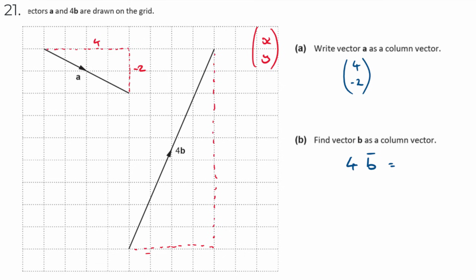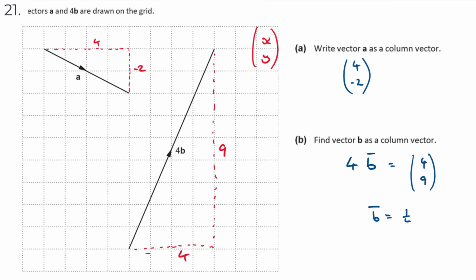Well, this is 1, 2, 3, 4 units in this direction, and 1, 2, 3, 4, 5, 6, 7, 8, 9. You see, they're being a bit cruel to us here. So that's going to be 4, 9 then. So the vector B by itself is going to be a quarter of that.